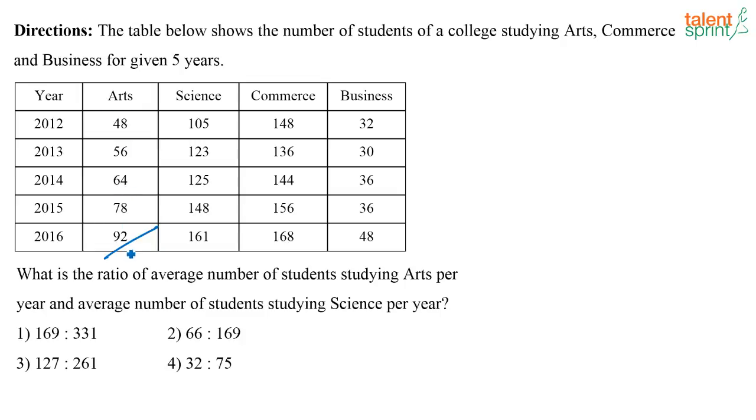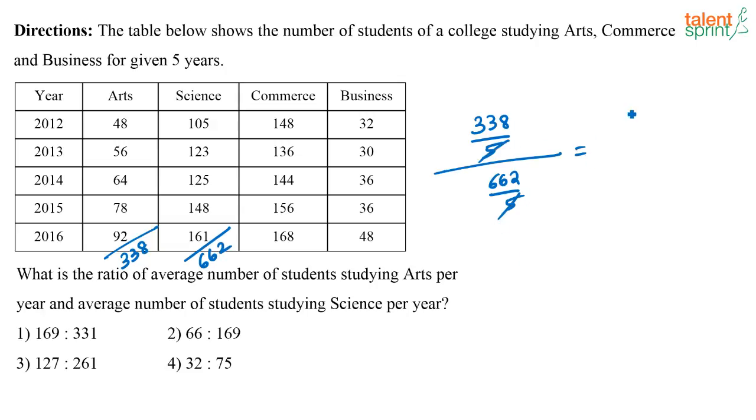So here I think when you add, you will get it as 338. You can just cross check if it is correct. In science, if you add, you will get it as 662. So what should you do? Basically you have to add all these, okay? Arts, add all the arts and the science. So you have 338 divided by 5, which will be the average number of art students, and 662 divided by 5, that will be the average of the science students.